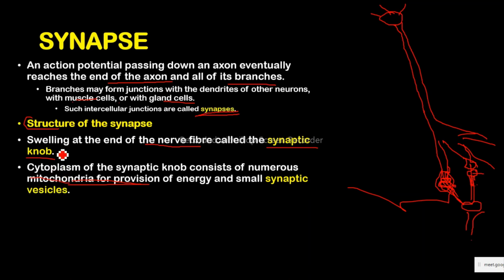Now you should be thinking about adaptations. Okay, why is it even swelling? Think about that. Why does it have mitochondria? Why does it have the synaptic vesicles? Now these synaptic vesicles, they are the ones that do contain our neurotransmitter substance. They are just vesicles, just a sac, with the neurotransmitter substance inside.